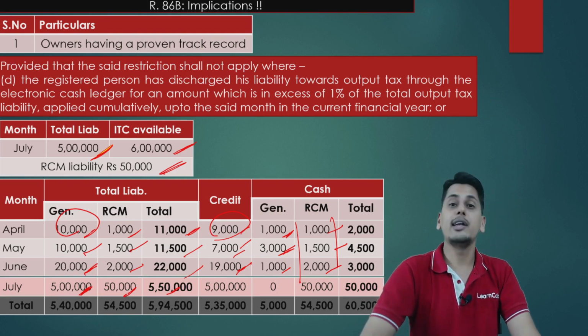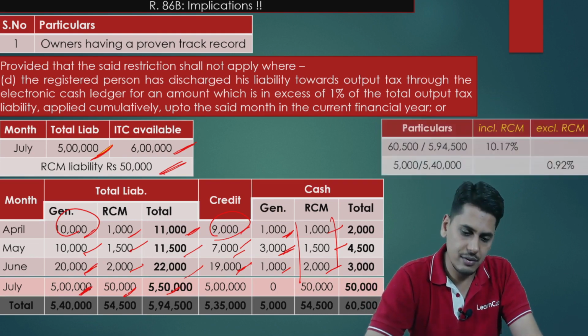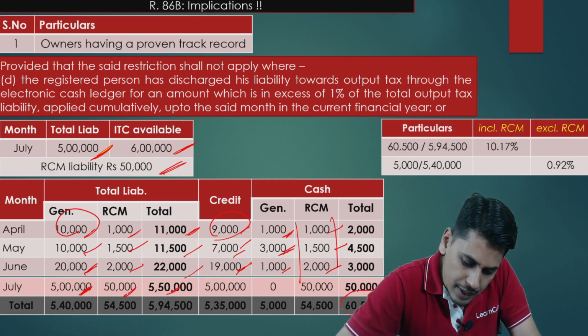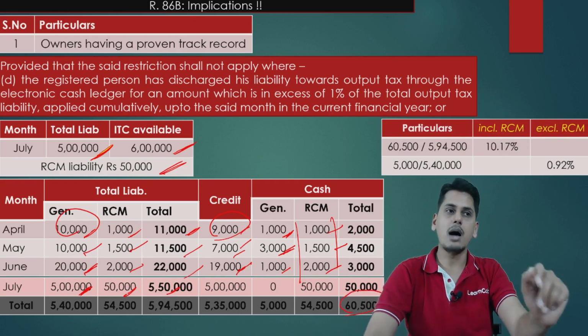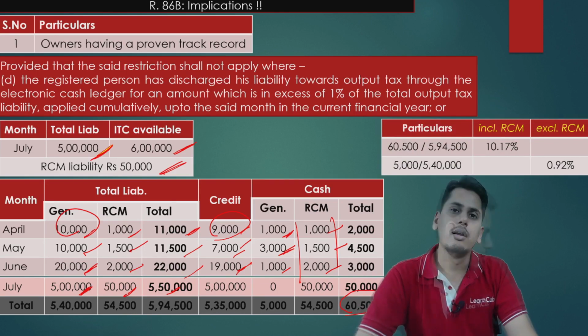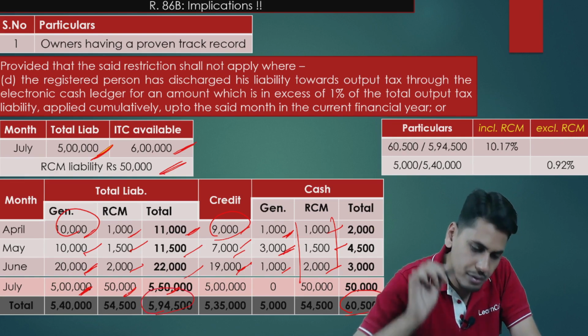So now friends, I need to take the cumulative figures. If I take the total amount paid through cash, it is 60,500. And what is the total liability? 594,500.